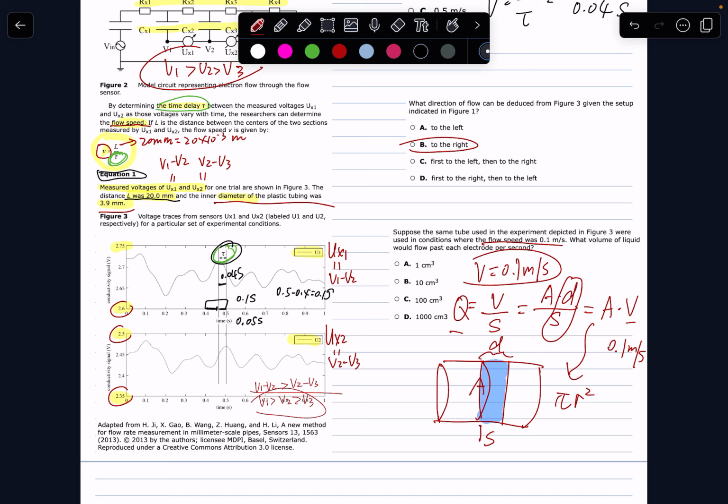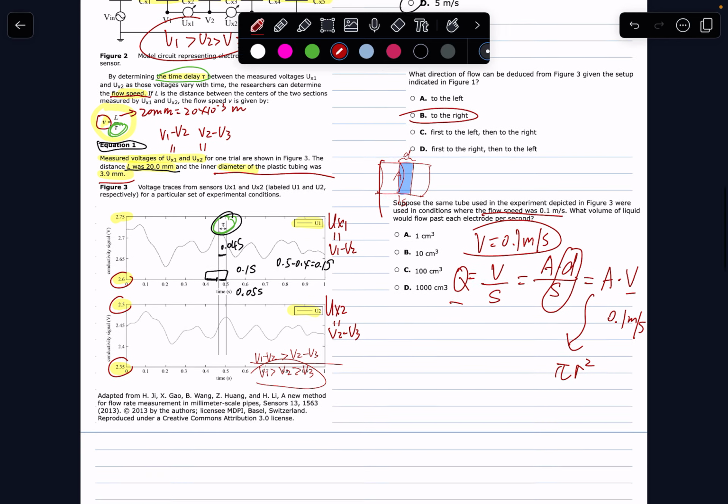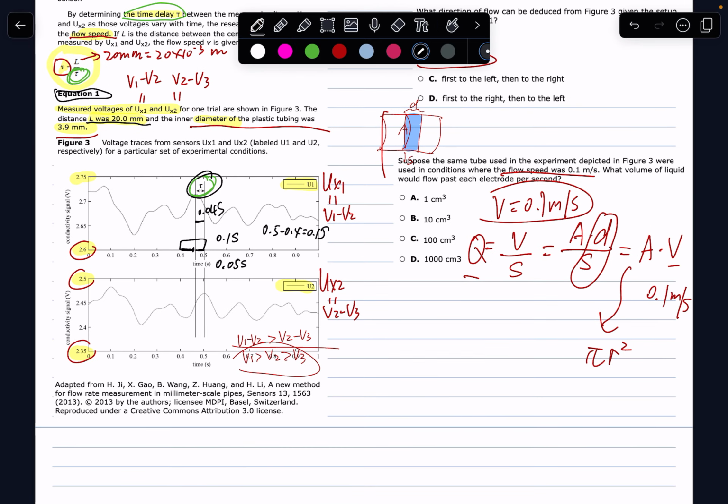Okay, so let's write it out. We'll use a different color. So Q equals pi, r is really 2 millimeters, times 10 to the negative 3 meter, squared, and then times v, which is 0.1.